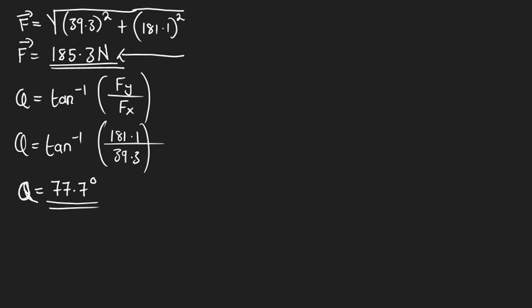Remember when I was teaching addition of forces, of vectors, on the part where I was teaching negative of a vector, I said the negative of a vector A is simply a vector A such that when you add it to this vector, it should give you 0.